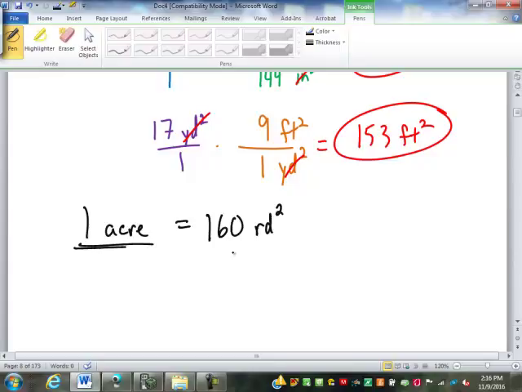Well, okay, we don't use rods that much anymore, so how do we convert this into square feet? Well, we have to first figure out the equivalency between square rods and square feet.